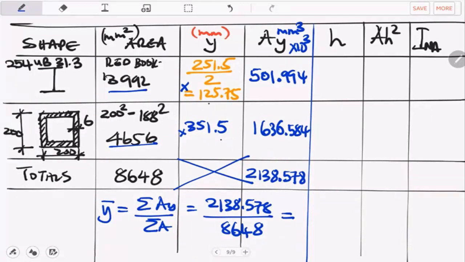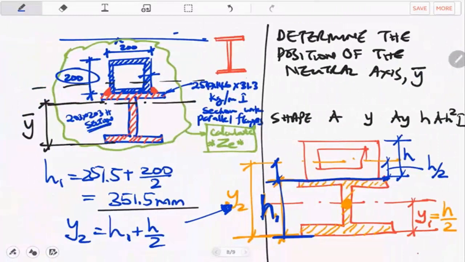It's 247.292. 247.292, like this. Yes, sir. Okay. So that 247.292 is the position of the neutral axis. So your neutral axis is somewhere there. So that's your y bar.